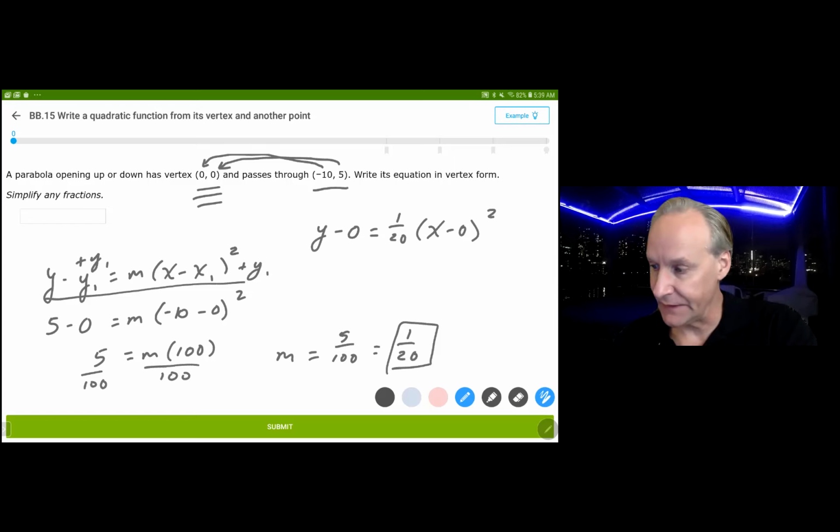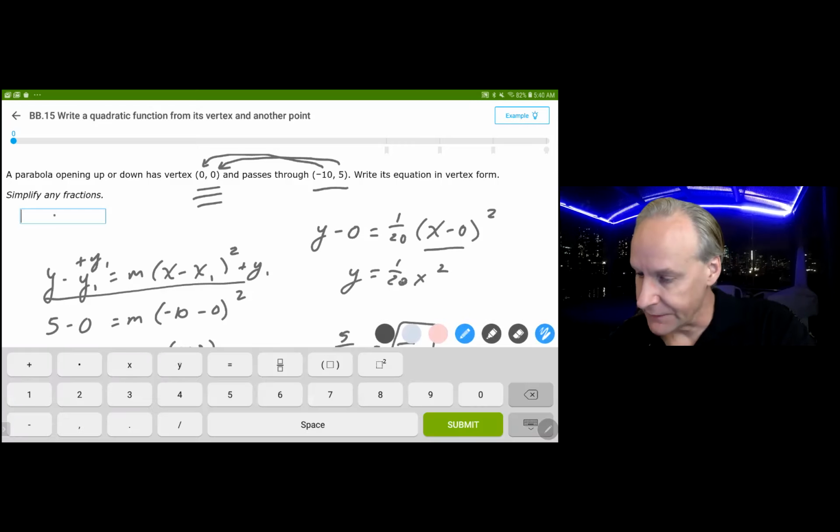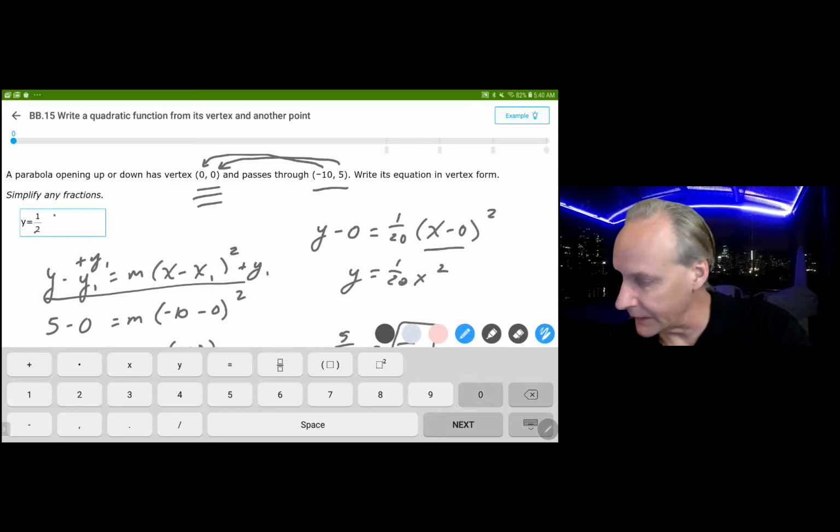And we have to simplify this anyway a little bit. So this is going to be 1 over 20 x squared. And normally I would have to add the 0 to both sides. But since it doesn't change anything, it's just 1 over 20 x squared. Now, there's a more intuitive way to do this, but maybe later in the section we'll try it that way, okay?